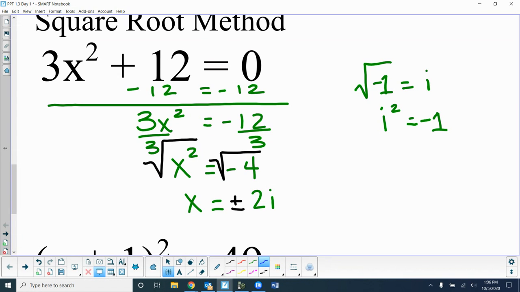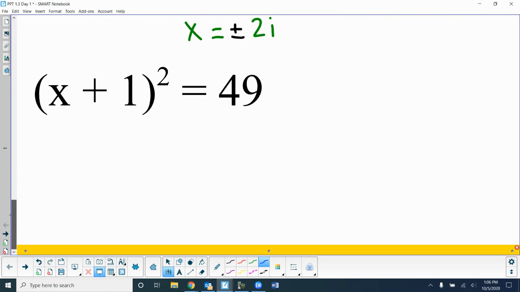Okay, is the squared part alone right now? If it's in parentheses, we're going to say yes. Okay, so that part's already done. The squared part's alone. So all I have to do is what, Tasha? What did we do on the one above?